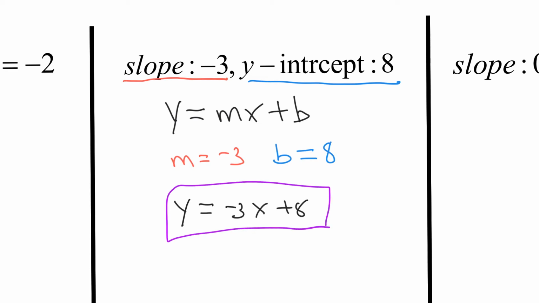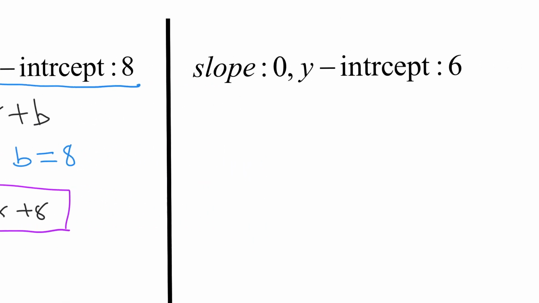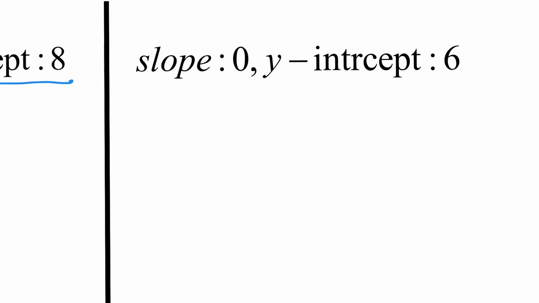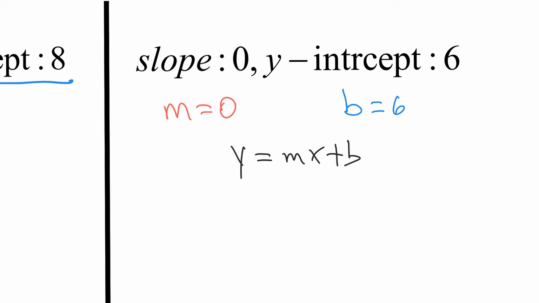Now sometimes you do have to look at the slope because it can be a 0, for this example. So I'm just going to put m equals 0 right here and b equals +6. So when I substitute the numbers in the formula, y equals mx plus b, I will have y equals 0x plus 6.